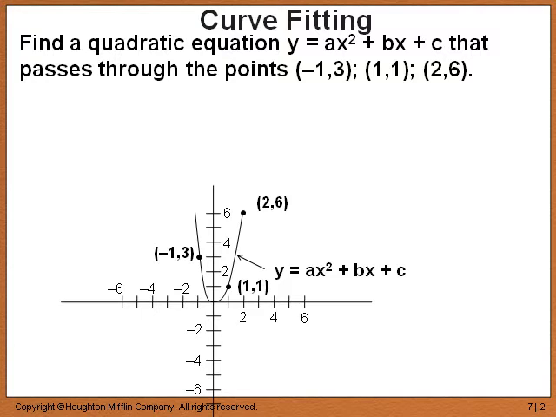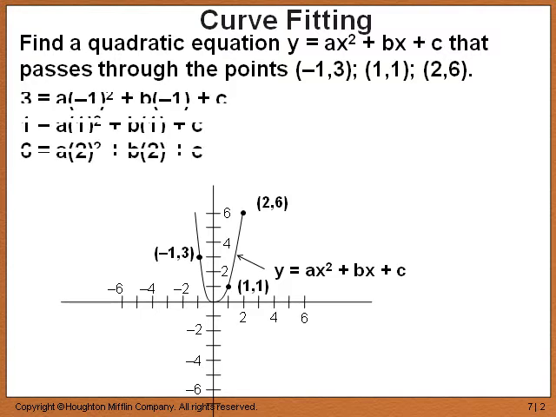So here's how to set it up. We set it up as a system, and this is the system. 3 equals a times -1 squared plus b times -1 plus c. Where did that come from? Well, we know that the point (-1, 3) is on this curve, and we also know that the quadratic equation is of the form y equals ax squared plus bx plus c.